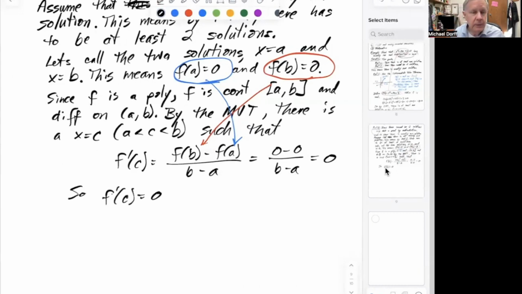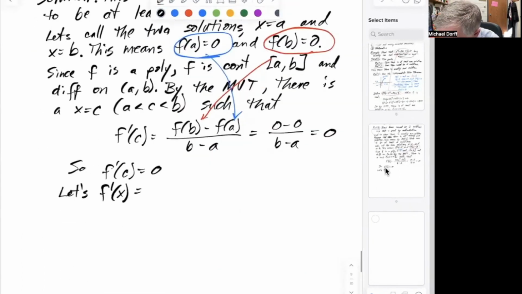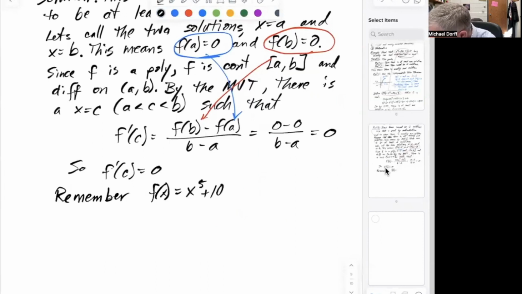Just like we've done with the previous mean value theorem problems, let's compute the derivative of f. It would help to write this down. Remember, f of x in this case was x to the fifth plus 10x plus 3. So the derivative is going to be 5x to the fourth plus 10.